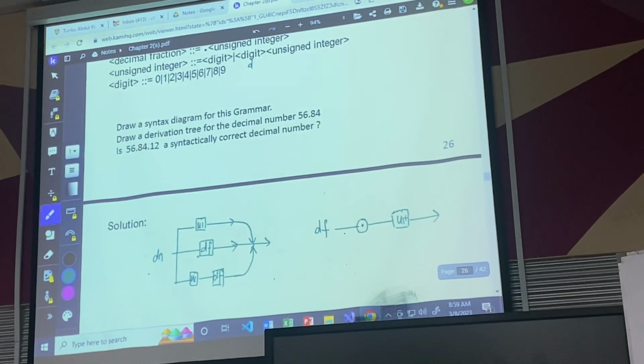Decimal point, unsigned integer. Third one, unsigned integer, can substitute with digit or digit unsigned integer.